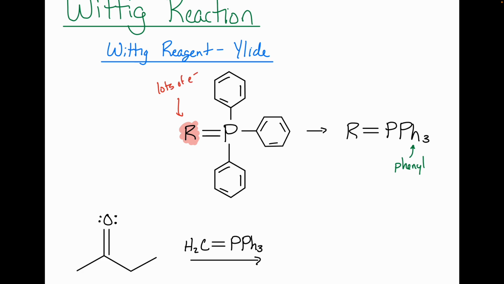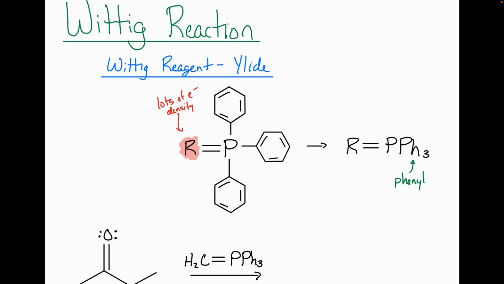Got lots of electron density. So this is another example of a carbon nucleophile reaction. We've seen other carbon nucleophiles, notably our Grignard reagent, as well as our cyanide ions. All right, and those react with aldehydes and ketones as well in our very normal nucleophilic addition reactions.